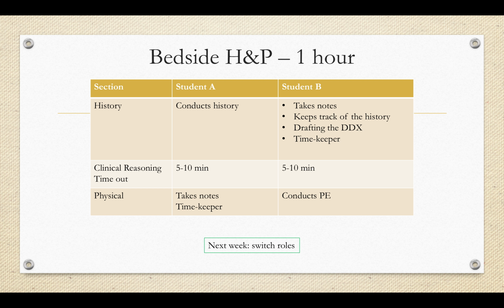They might do a few more history questions to explore the differential, fleshing out the history, and then student B is going to come up, do the physical exam. They'll do the exam that is appropriate for the patient at that time, based on the differential. And during that time, student A will be taking notes and will help keep time.